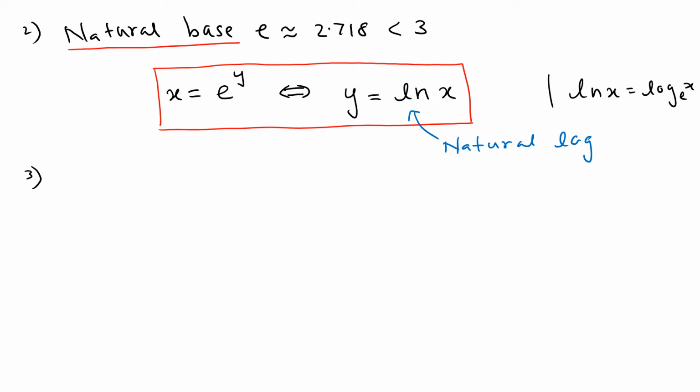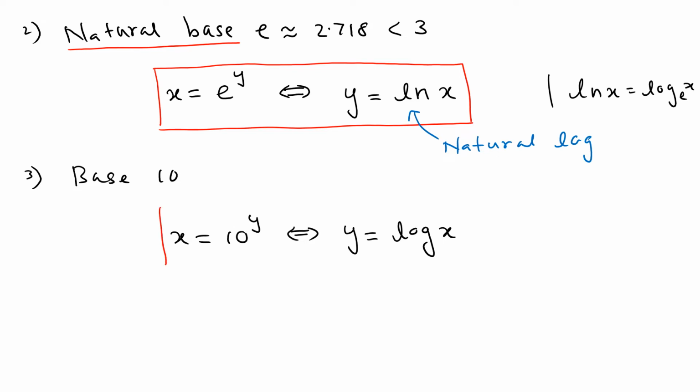And then the base 10. When you have base 10, that means x equals 10 to the y. We can write this one even without 10, we just write log x, that means the base 10.